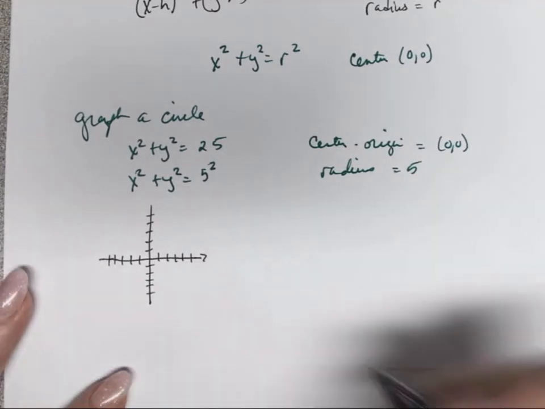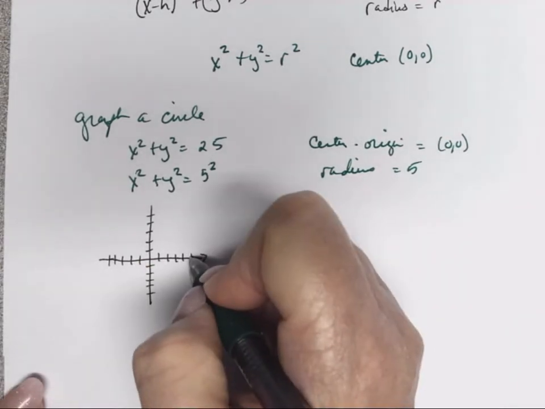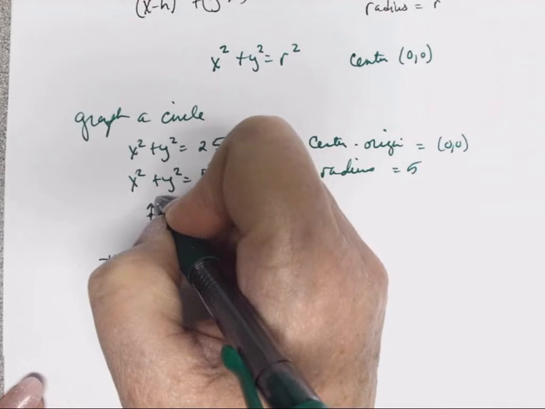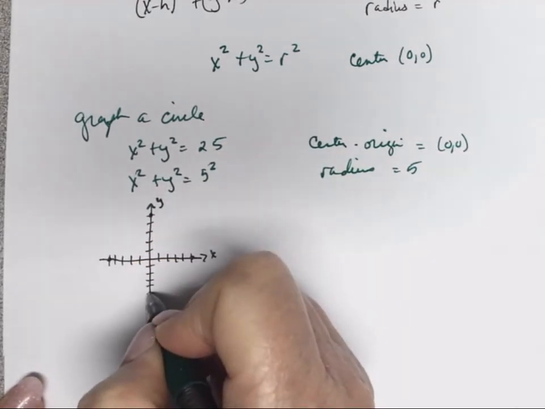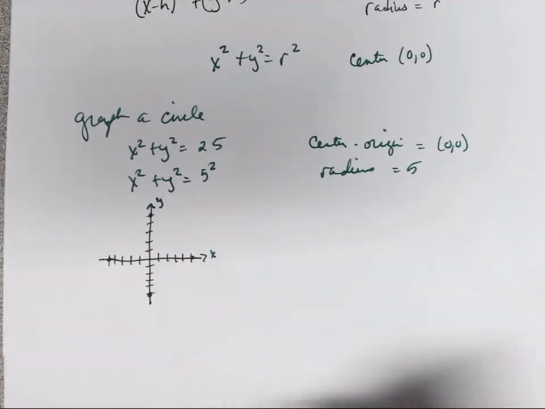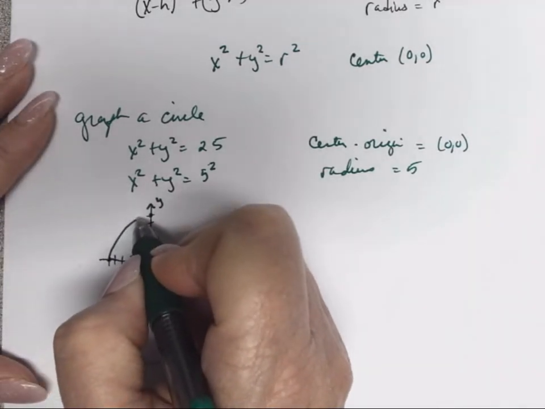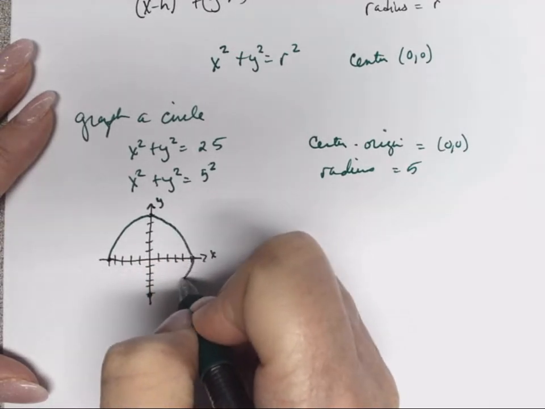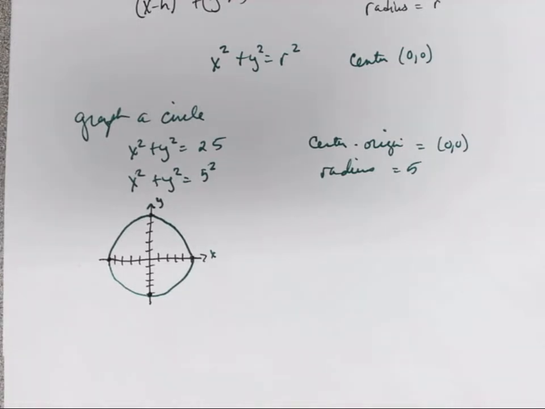And then, because our radius is 5 and we're centered at the origin, we will put a dot, and we can mark these as x and y. We'll put a dot at all of the values of 5, and then we're going to draw a circle. So sometimes I'm good at drawing the circles, and sometimes they look more like footballs, so we'll see how today turns out. Not too bad. Not too bad at all.